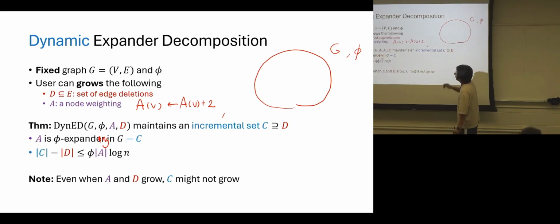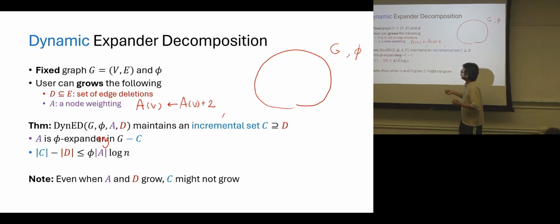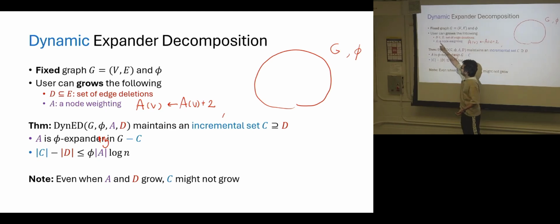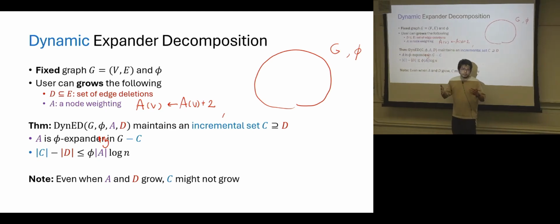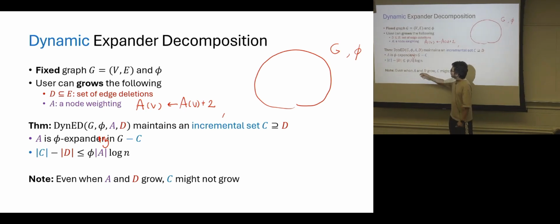One way to solve, not quite solve this, is that whenever A is updated and D is updated, you just look at the graph G minus D and compute an expander decomposition from scratch. You will get this thing.